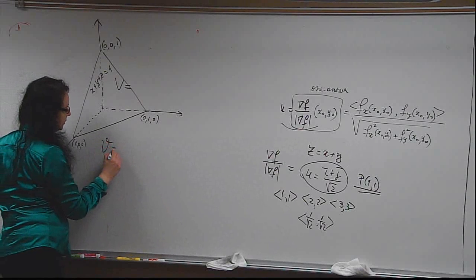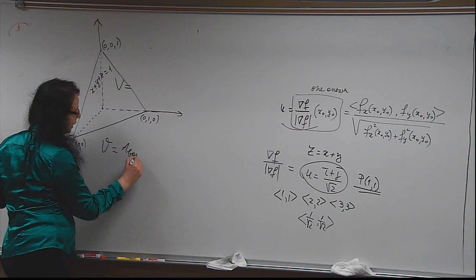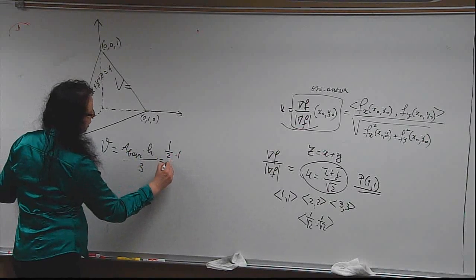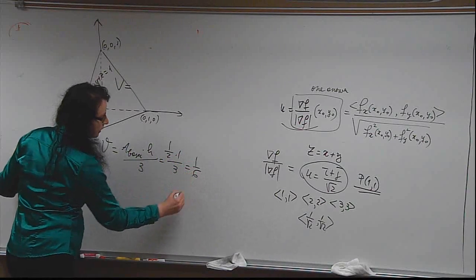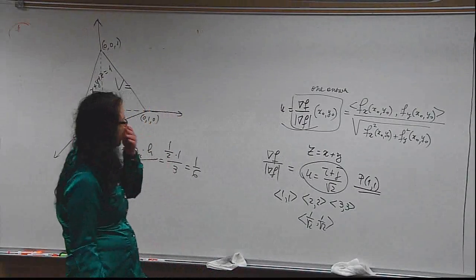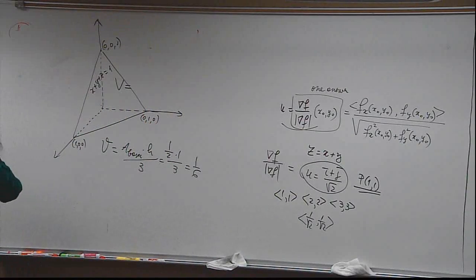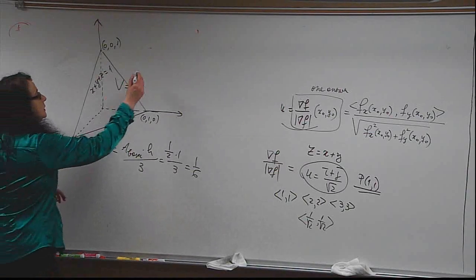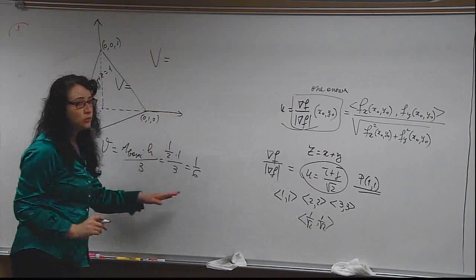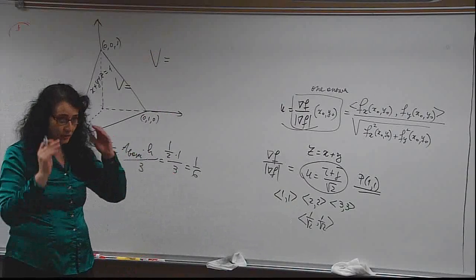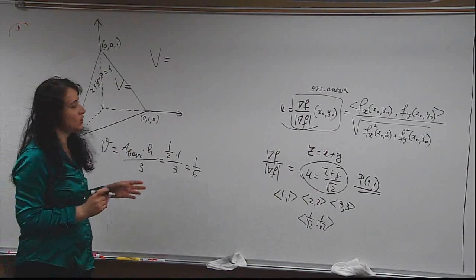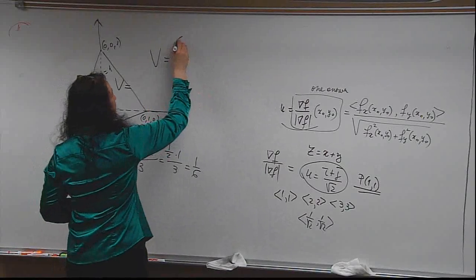You say volume is area of the base times the height divided by 3, which is a half times 1 over 3, which is 1/6. But I think I'm going to rephrase the problem saying set up the integral as a triple integral with or without solving it. If you show me the answer, you get extra credit. You don't have to solve it by hand in this case.